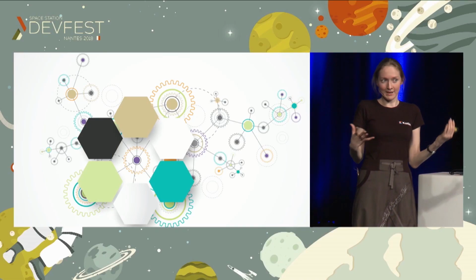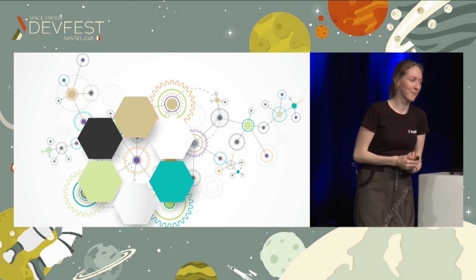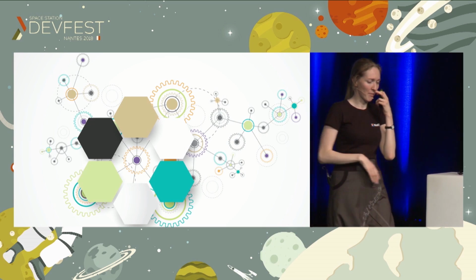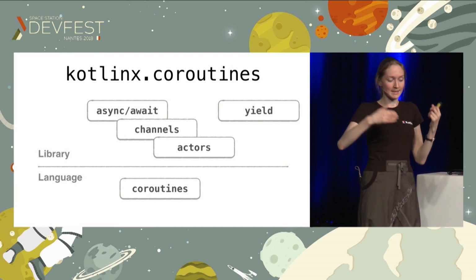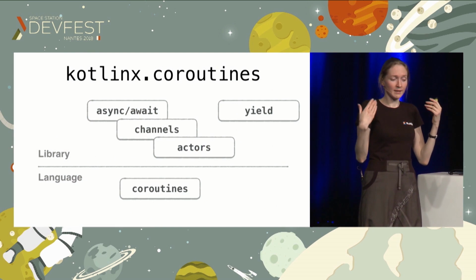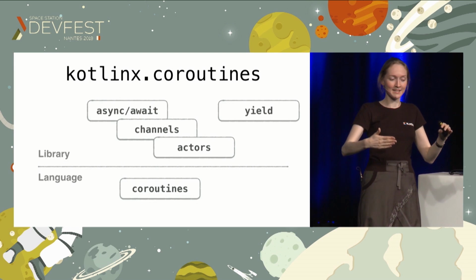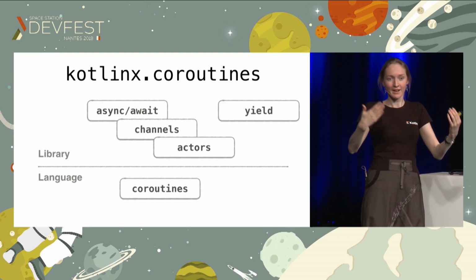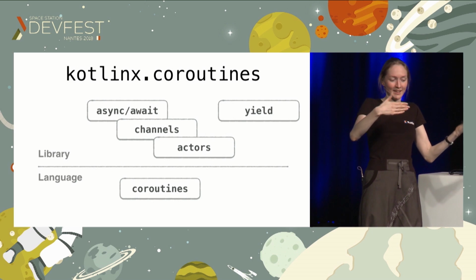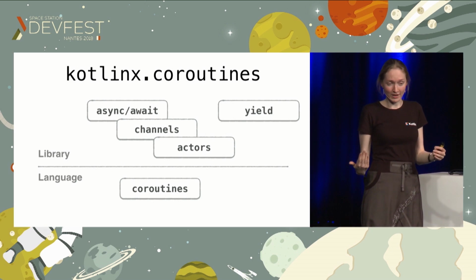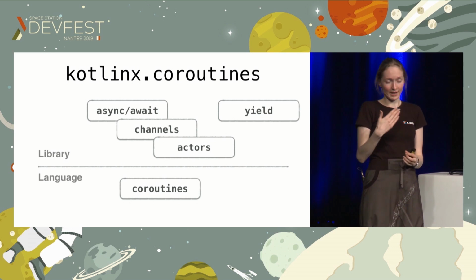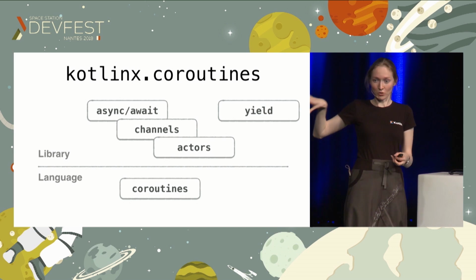So that was almost all about what I wanted to share about coroutines. Kotlin Coroutines are even more than just async await, suspend functions and the exact coroutines.